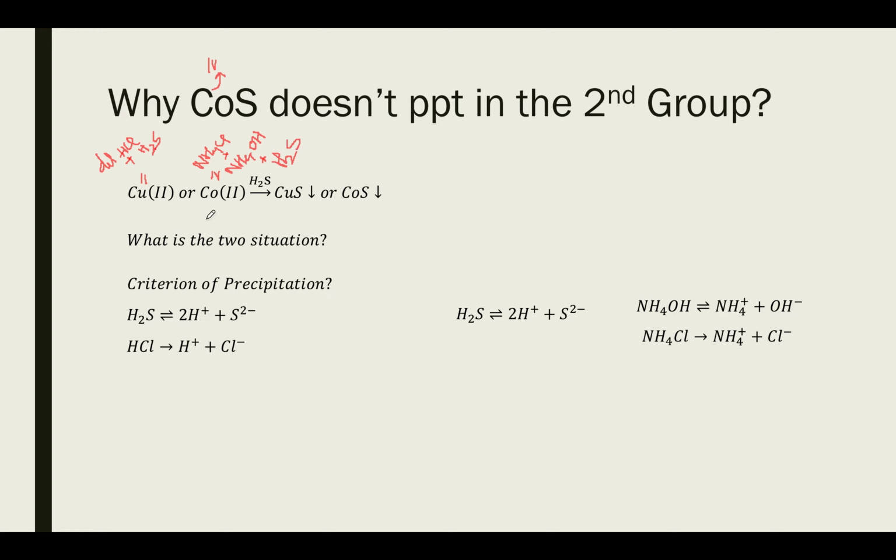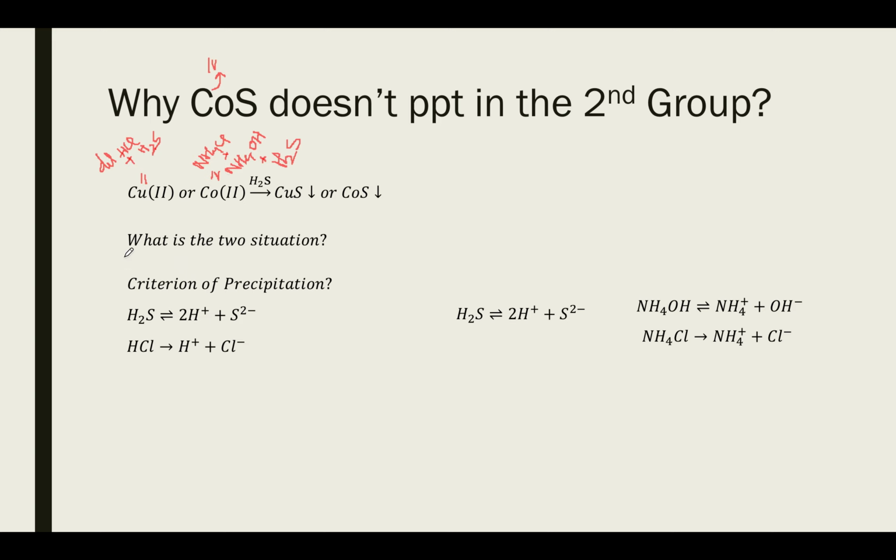So these are the group reagents. This is the group reagent for the second group, and this is the group reagent for the fourth group. When you add the second group reagent, only copper sulfide is precipitated. However, cobalt sulfide, which is actually from group 4, is not precipitated. What is the reason that this happens?